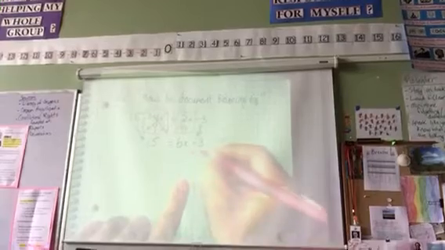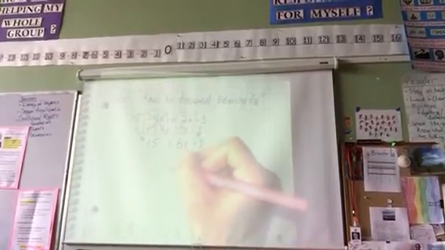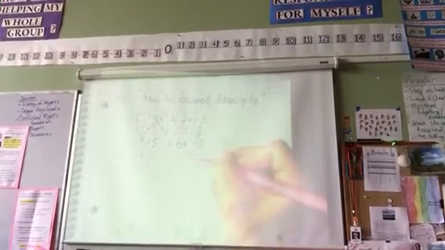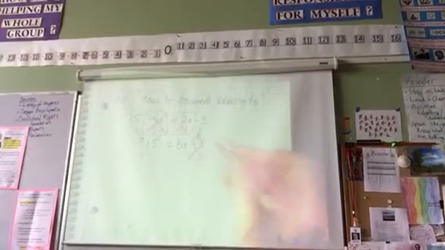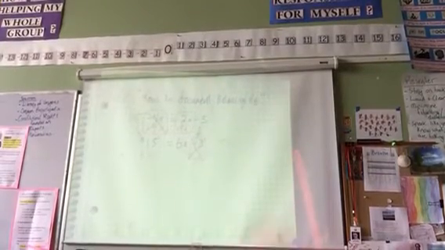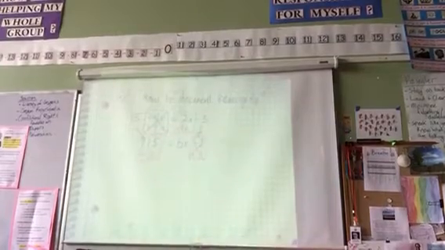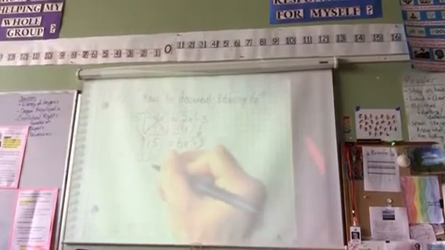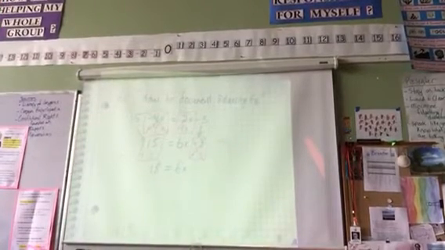Positive 3. So I'm going to add 3 to both sides. The whole point of doing the opposite was to cancel that negative 3 on the right side. Then I'm going to add these like constant terms. And I will get 18 is equal to 6x.